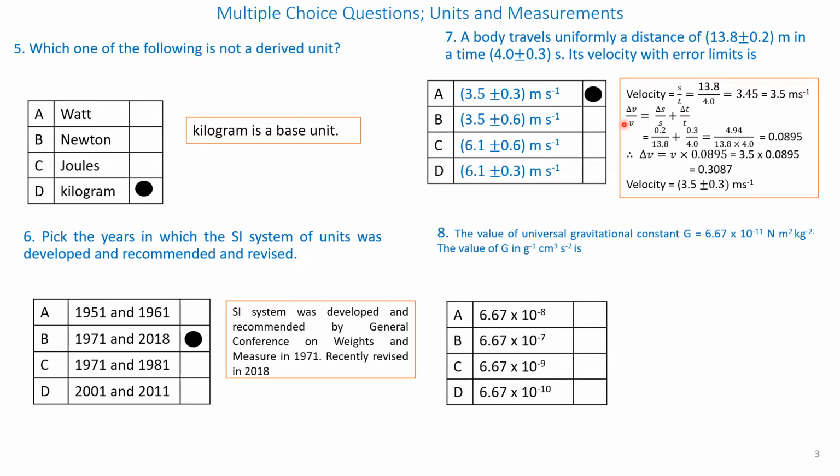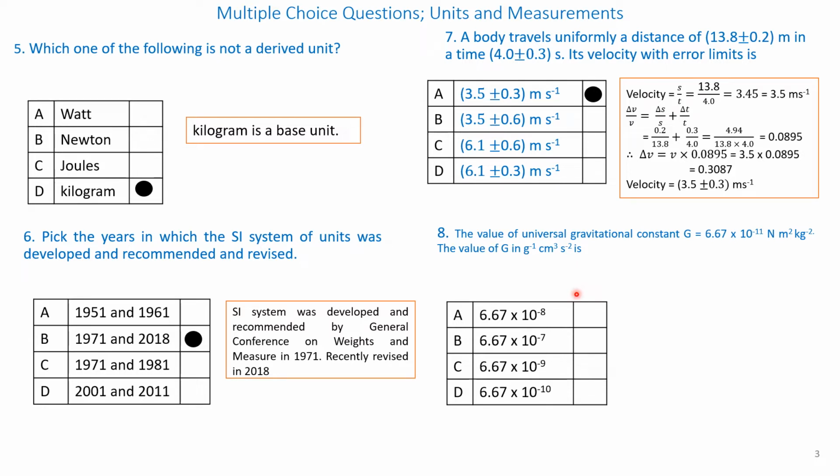Next question. The value of universal gravitational constant G equals 6.67 into 10 to the power of minus 11 Newton meter square per kg square. The value of G in gram, centimeter cube per second square is, we have to identify the answer.